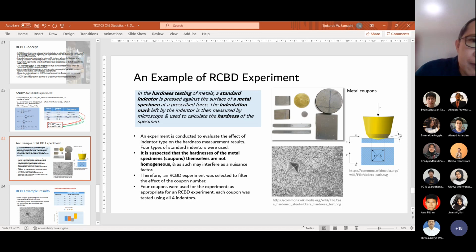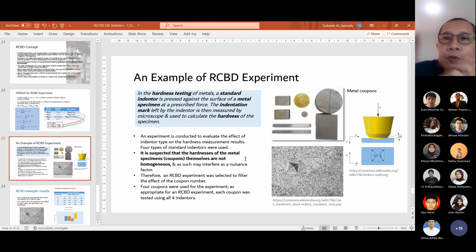All right, let's take a look at this example. So this is what is called in material science or material engineering hardness testing, or surface hardness testing of metals. You will learn about this a lot more next year in the engineering materials course, bahan konstruksi.